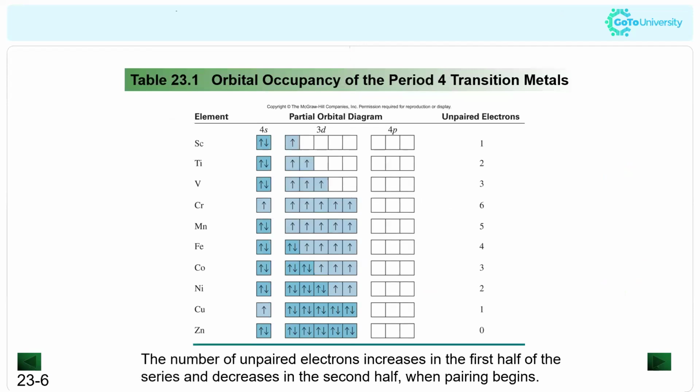Now here we can see the electronic configuration of period 4 transition elements, from the 3d transition series, from scandium to zinc. In case of scandium it is 4s2 3d1, titanium is 4s2 3d2, vanadium is 4s2 3d3. So this is how we write it. Here the electronic configuration is shown using box notation.